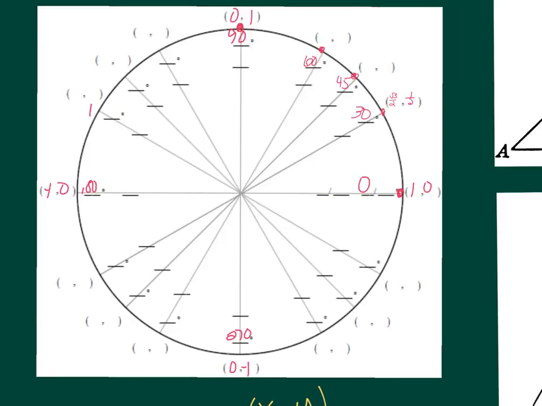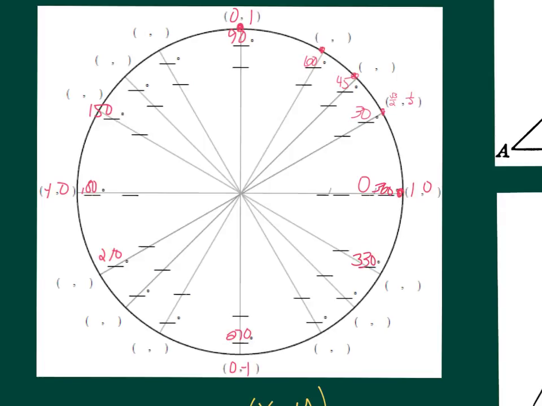That would be 150 degrees, because 180 minus 30. The next one down here would be 180 plus 30. That would get me 210. And then down in the fourth quadrant, that would be 360 minus 30, because 360 is this line, and you're subtracting 30. That's 330.